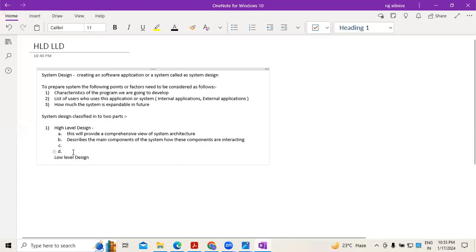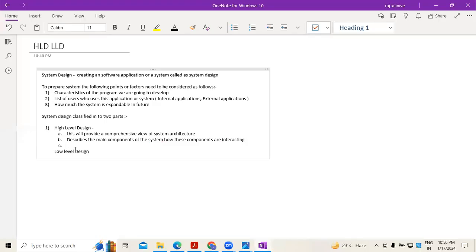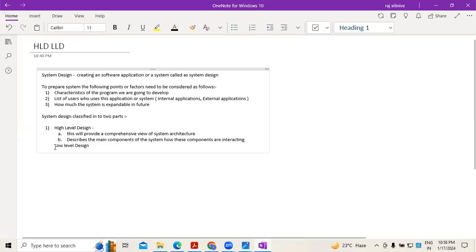Right? So how the main components and systems are interacting is something we will know under the high level design part, right? When it comes to high level design, it majorly focuses on two areas. One is to provide a comprehensive view of the system architecture.